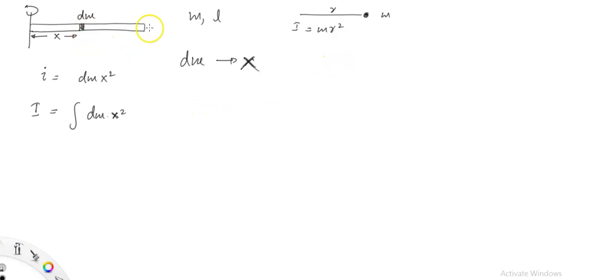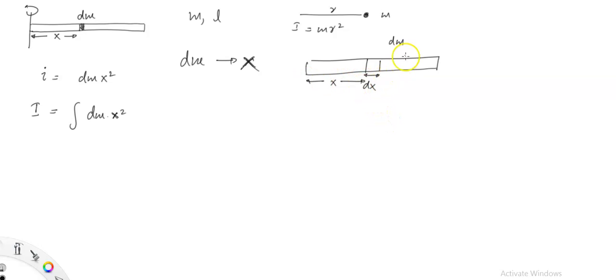If I redraw this diagram over there, a little bigger, this piece dm has some thickness, which is dx, and it is at a distance x from the center.